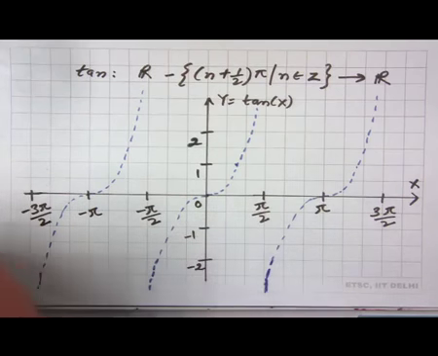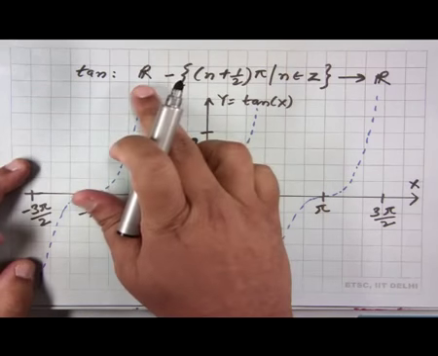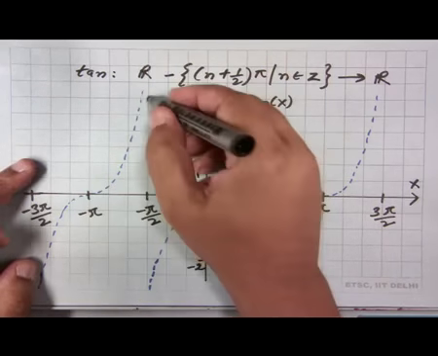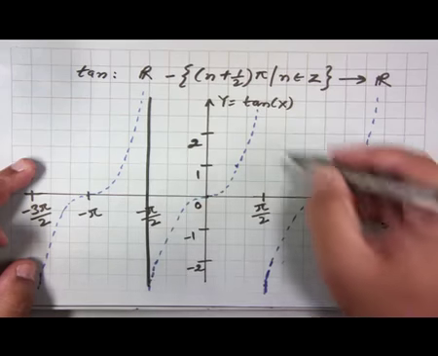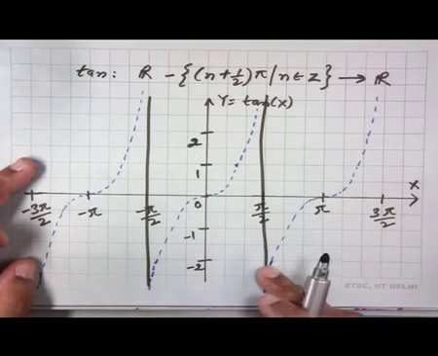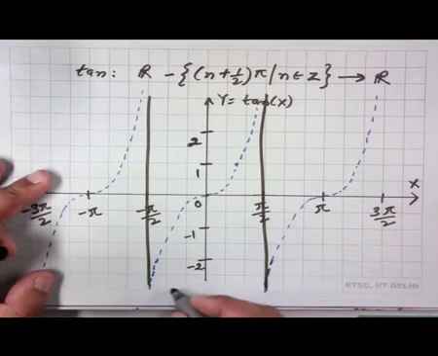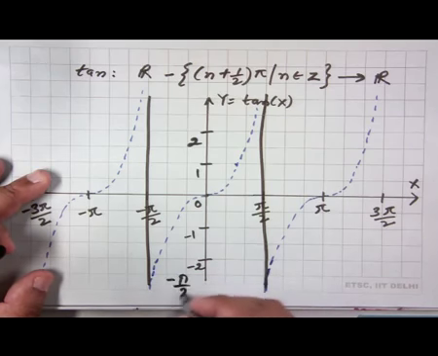Therefore, what we can do is restrict the domain of the tan function to the interval between minus pi by 2 and plus pi by 2. Here we have to take the open interval.